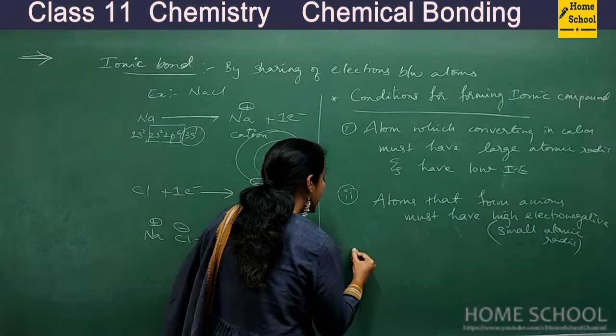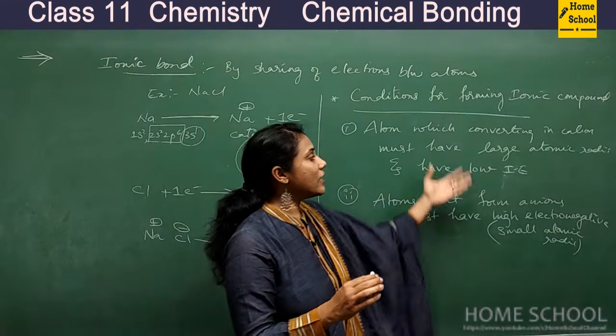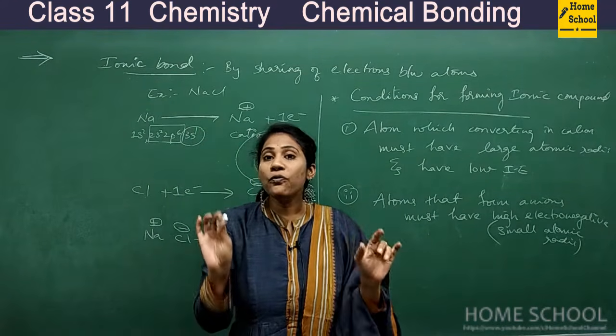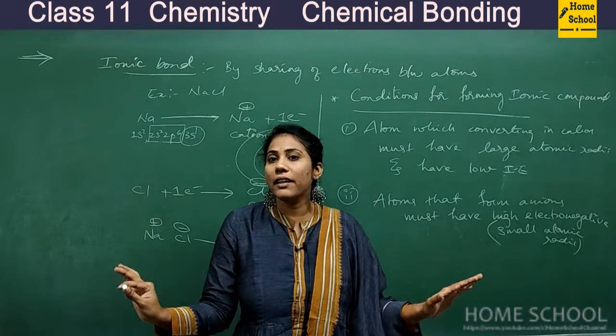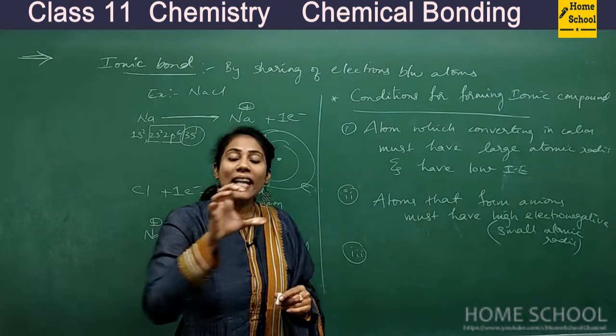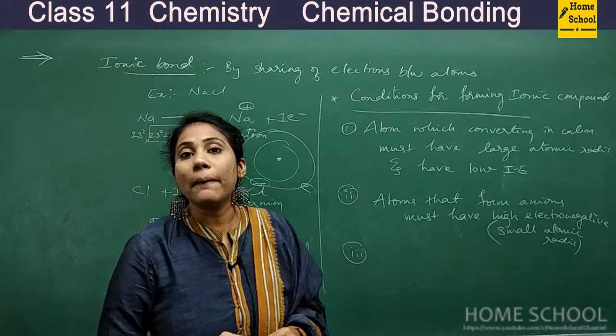And coming to the third condition. Not only ionization energy and atomic radii are important, but another new word that is important here is lattice energy. See, the more the lattice energy, the more the stability of the ionic compound.